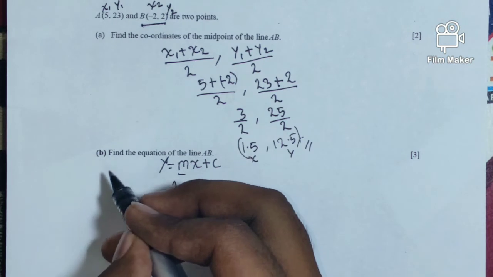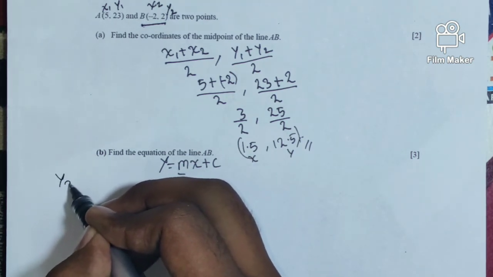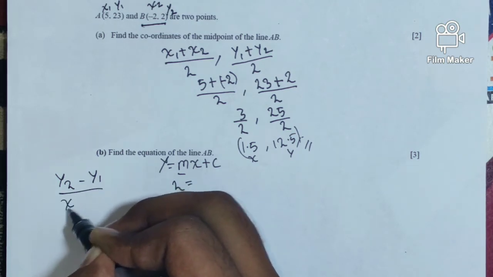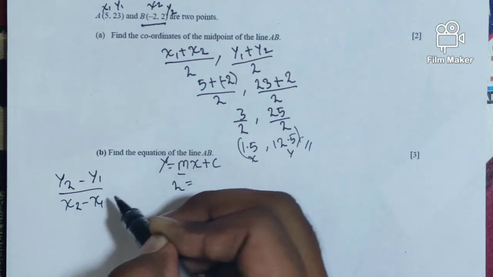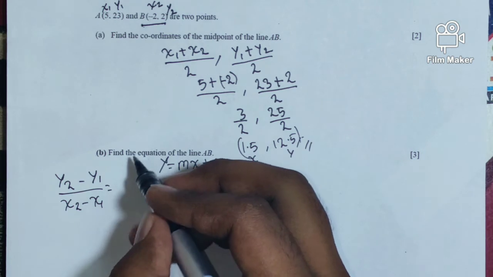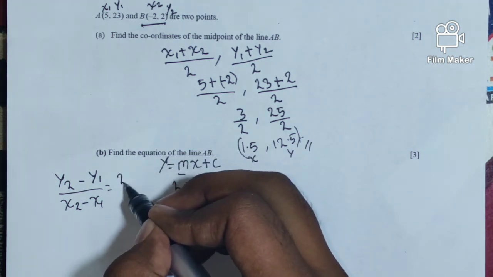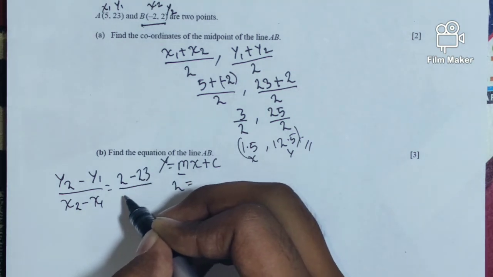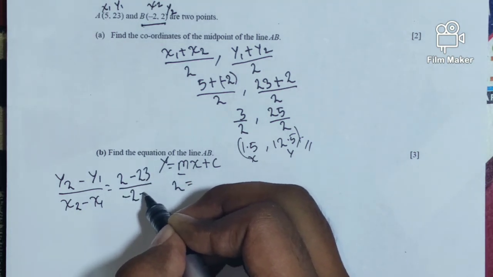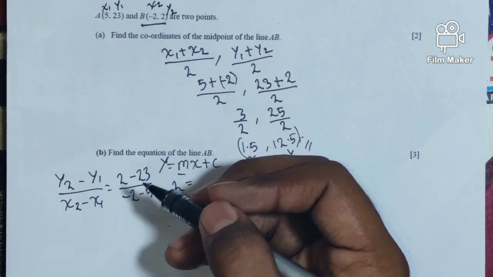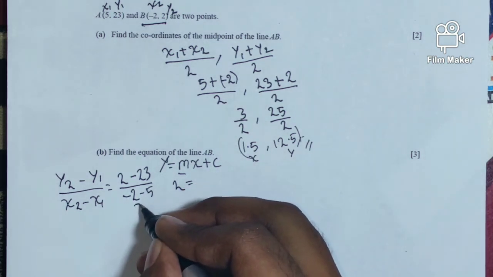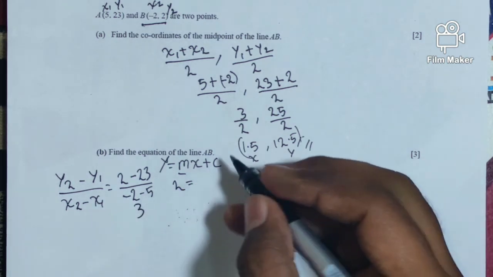The gradient is equal to y2 minus y1 divided by x2 minus x1, which is equal to 2 minus 23 divided by minus 2 minus 5, and if we calculate it, we'll get the gradient as 3. So here m is equal to 3.